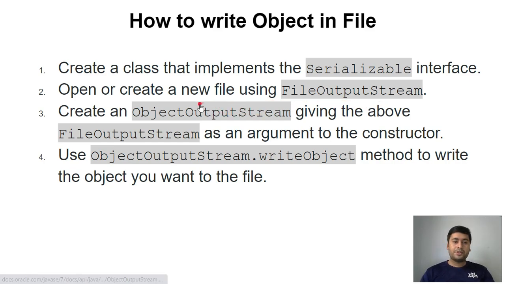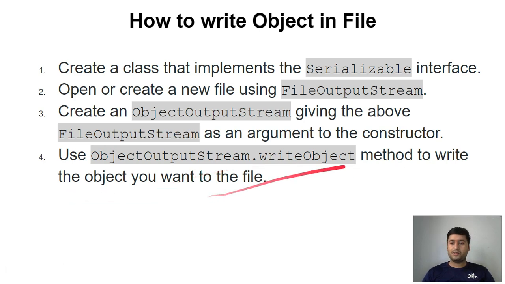So we can create an ObjectOutputStream, passing the FileOutputStream as an argument to the constructor, and combined, both are used to create an ObjectOutputStream, which has a method called writeObject, and with the help of this method we can write our object into the particular file.